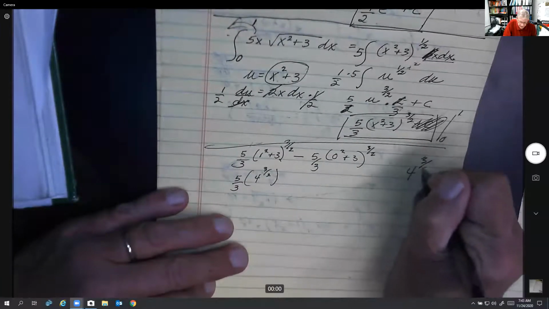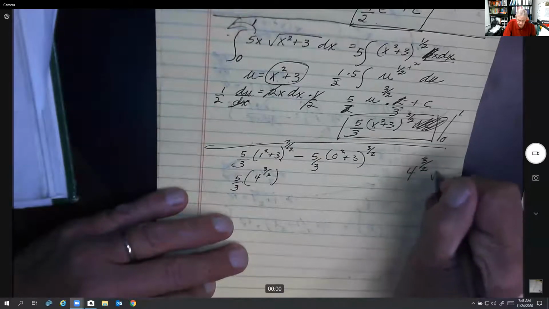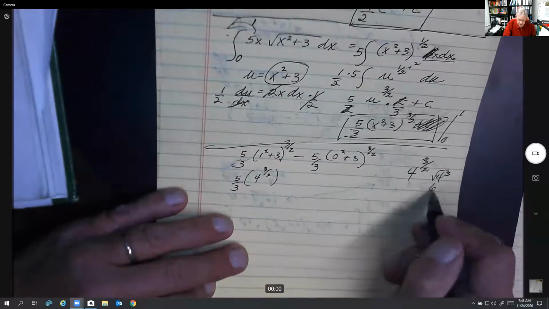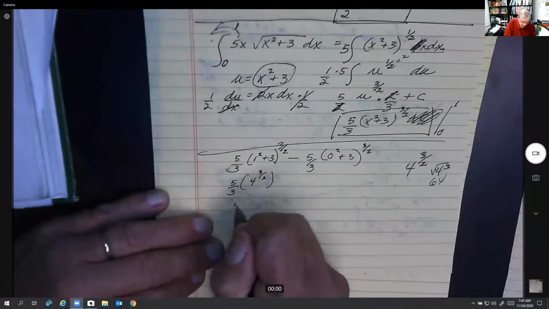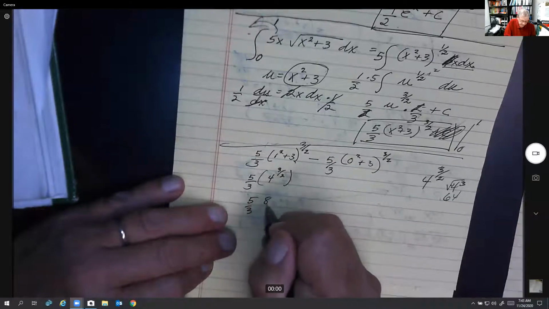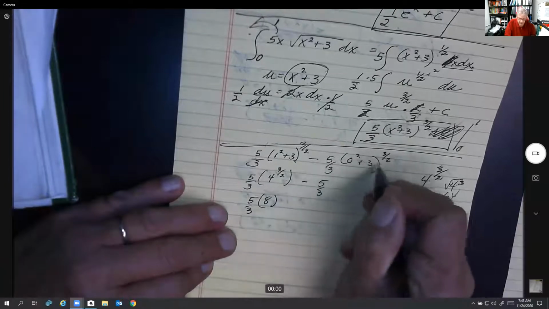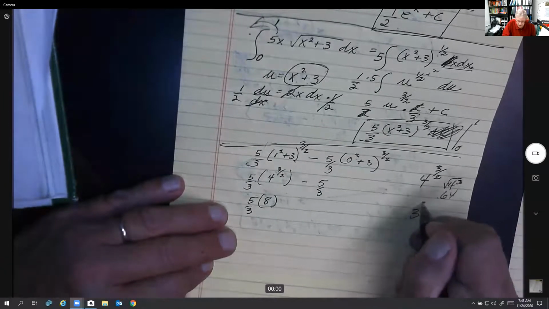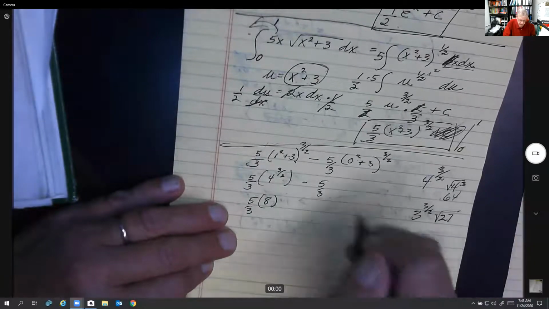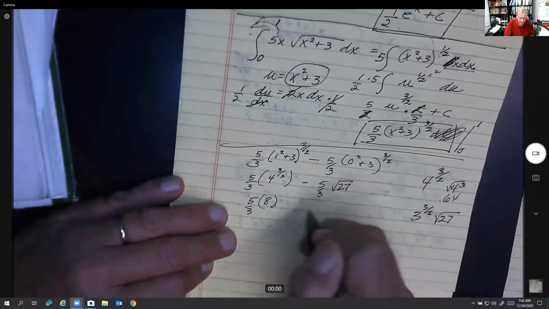4 to the 3 halves is really the square root of 4 to the 3rd power. Power over index. So that's the square root of 64. So it's 5/3 times the square root of 64, which is 8. Minus 5/3 times 0 plus 3 to the 3 halves. 3 to the 3 halves is the square root of 27, which unfortunately is not a real nice square root.